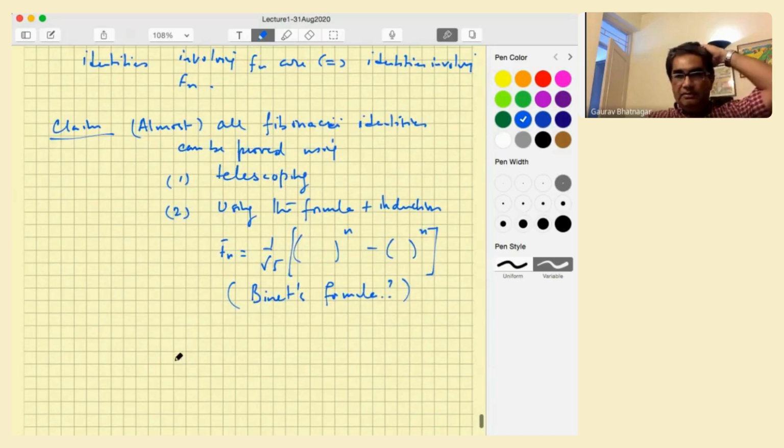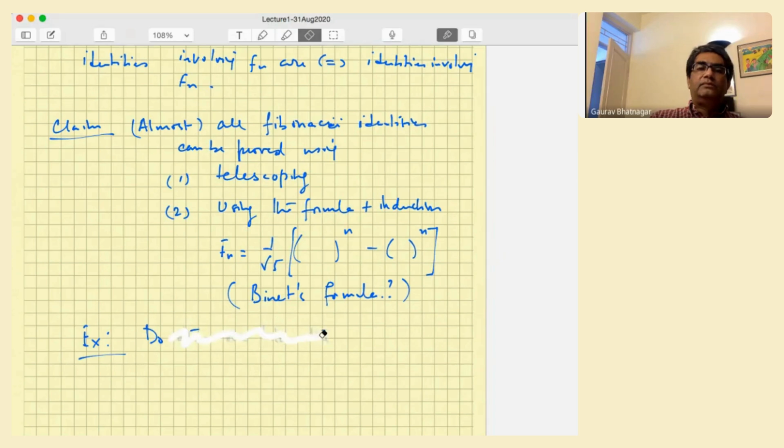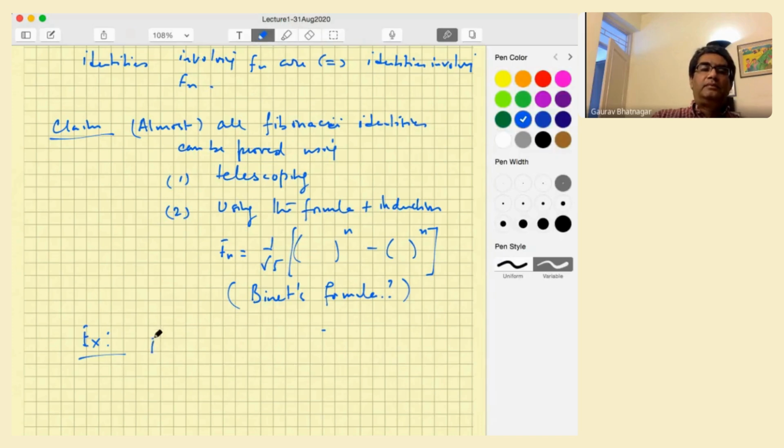So one exercise is to try doing this using these two methods.